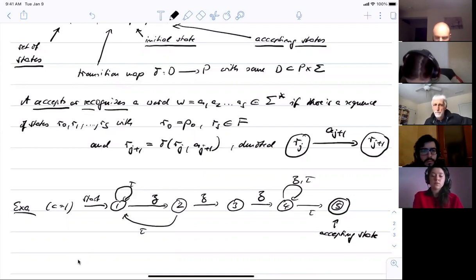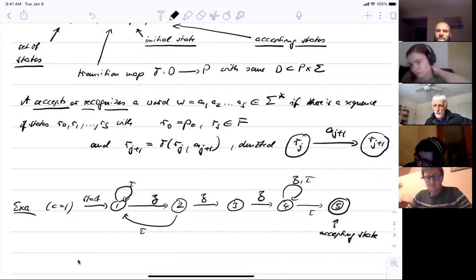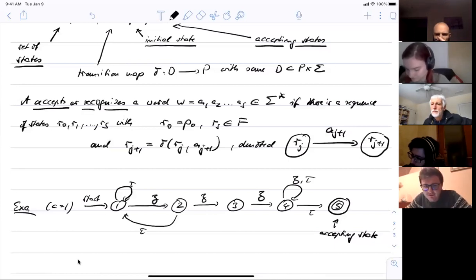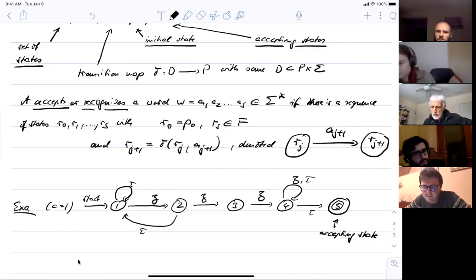Questions? I have a question. Yeah. So this automaton in the example is not deterministic, right? Because delta is not a proper map, right? Actually, it is.